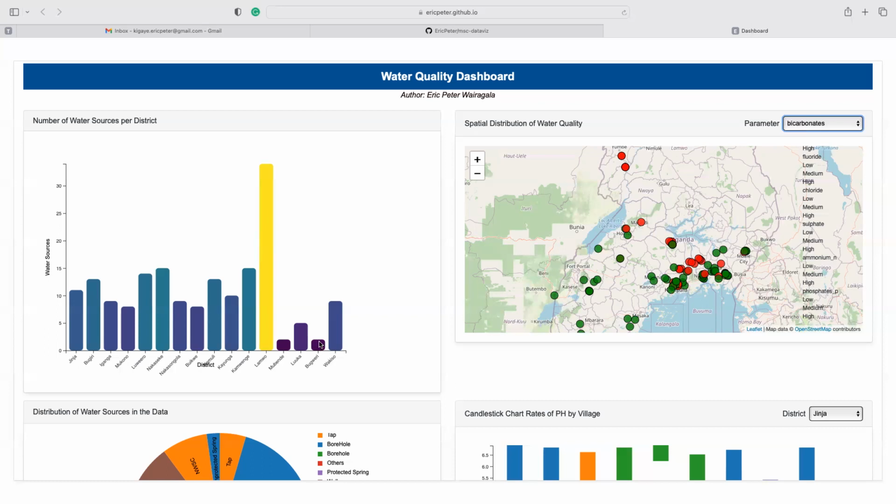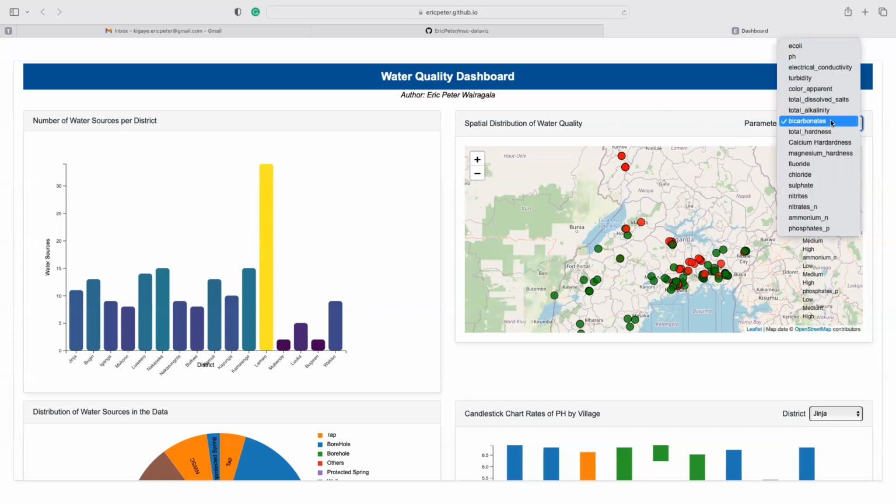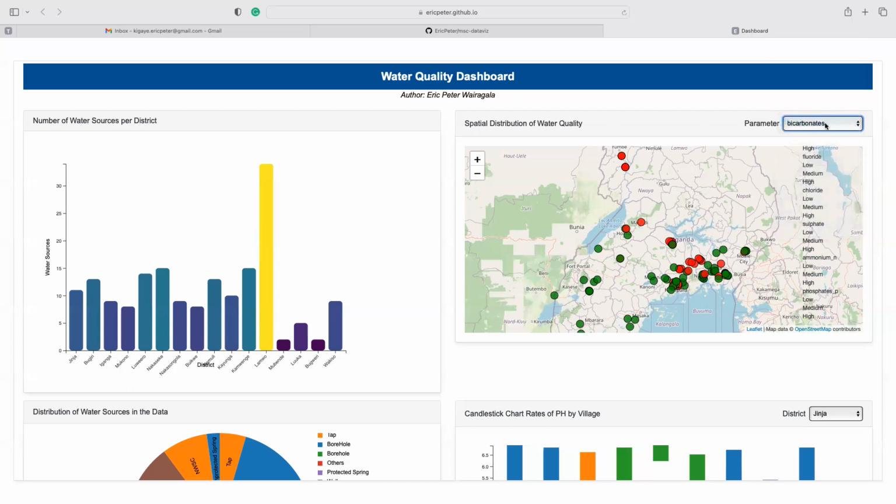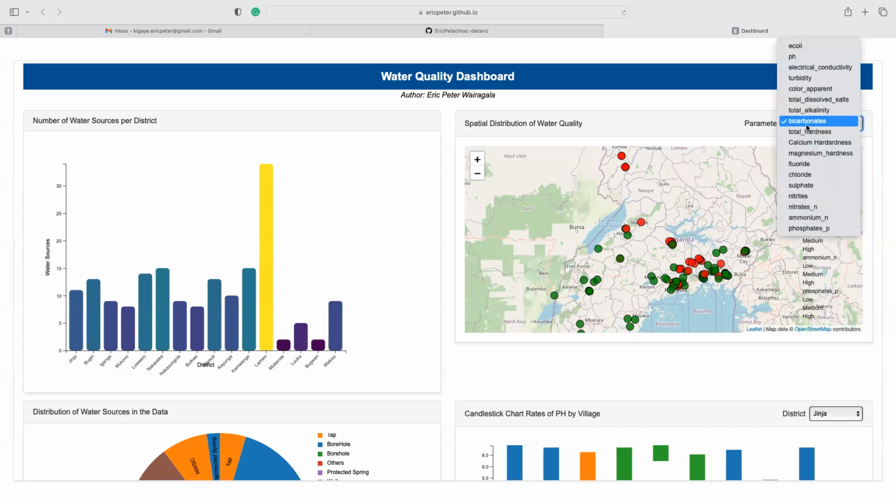Now, beyond that, we look at a spatial distribution of water quality. We plot the locations or the villages to look at the parameters that determine the water quality around the regions. So we have green representing good water quality and red representing very low water quality.